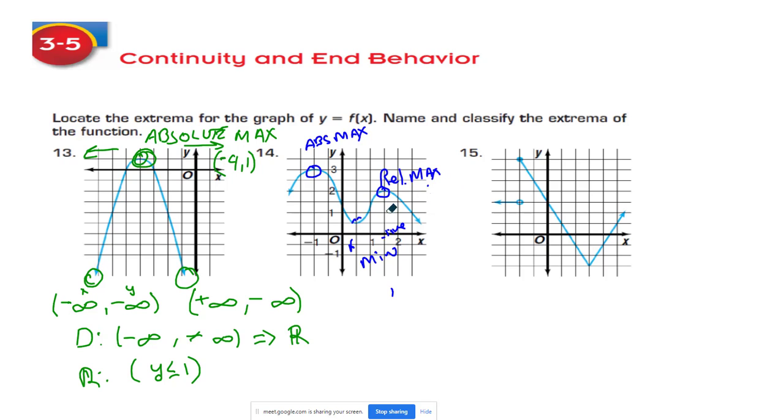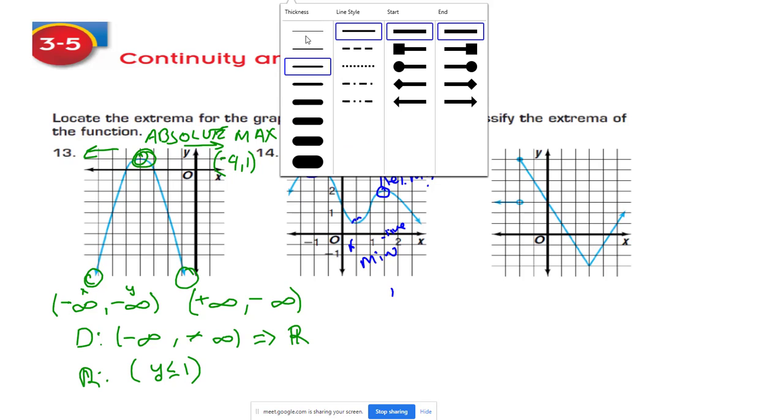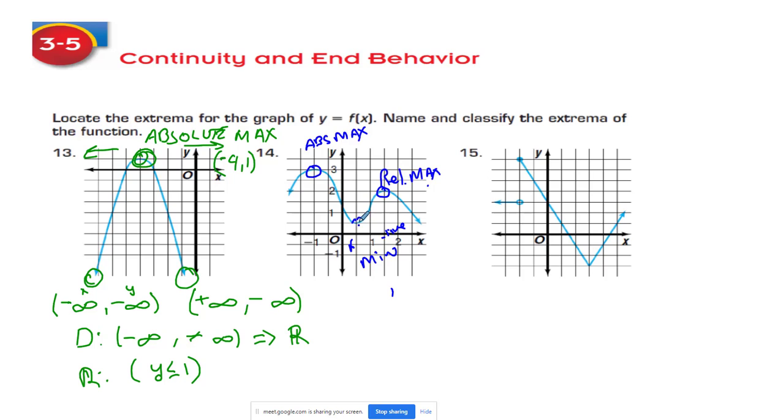And this one's going to be off also then. Okay, so counting by halves, at 1/2, 1/2, there is a relative min. Rel min.